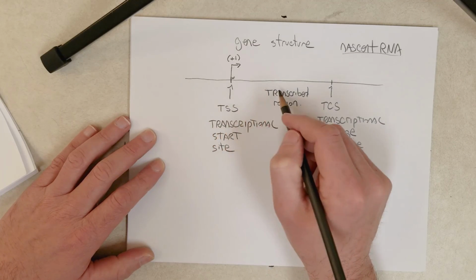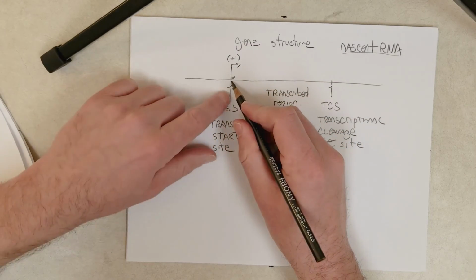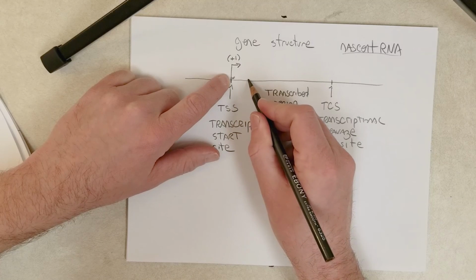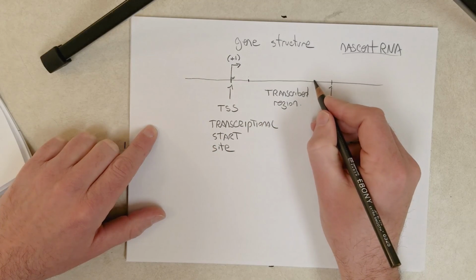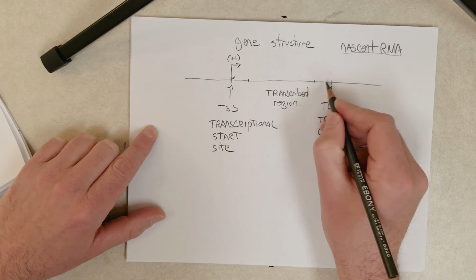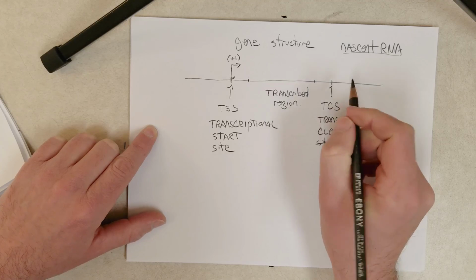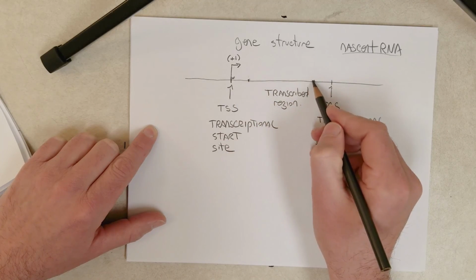For a messenger RNA molecule, you'll have the transcriptional start site up here, and then the translational start site, the AUG start codon, will be somewhere down here. And the same thing, the stop codon for translation will be somewhere before the transcript cleavage site. We'll talk more about that in later videos.